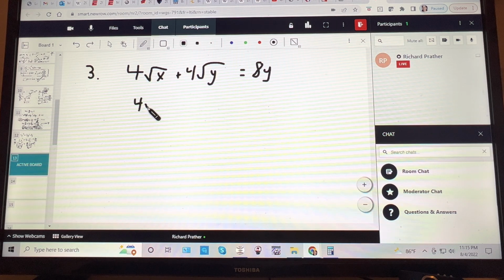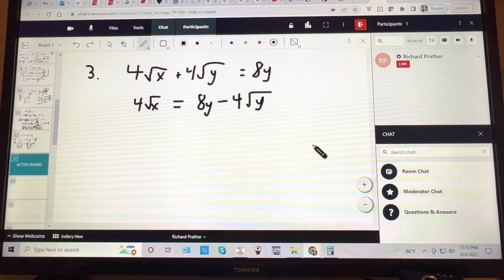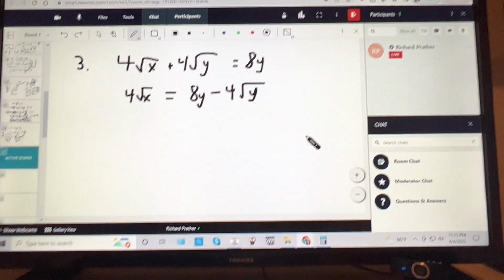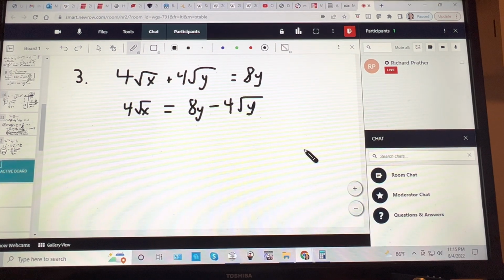So I'm going to keep x on the left side of the equation, and I'm going to move that one over to this side. It's probably helpful to do that, to have x's on one side and numbers on the other. Okay, then I would change square roots to 1/2 powers. That'll make the power rule easier.